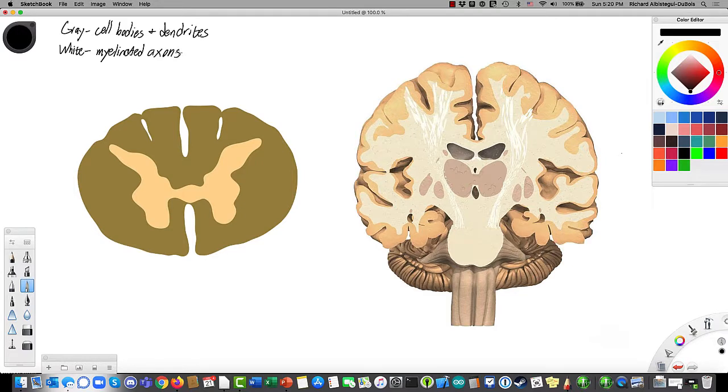Now, the 2 images you see on your screen here actually, oddly, look kind of similar, although they're not the same thing at all. In fact, they're from completely different areas.